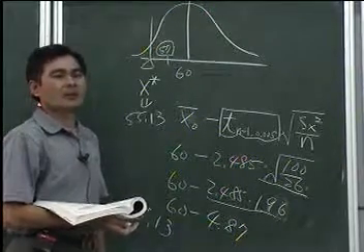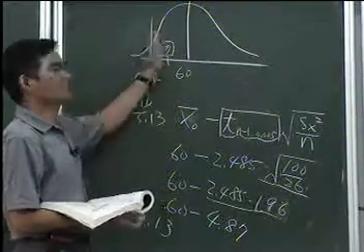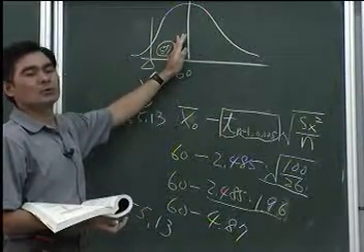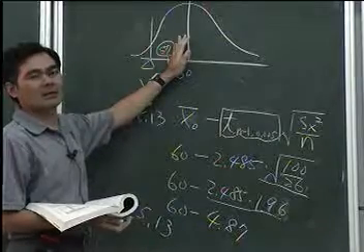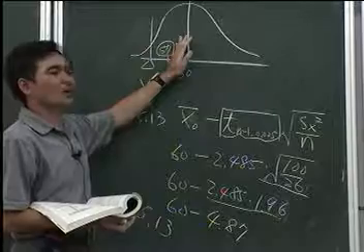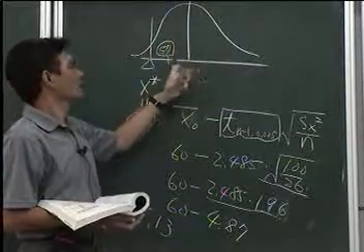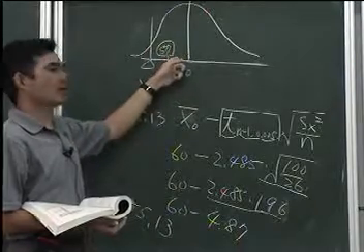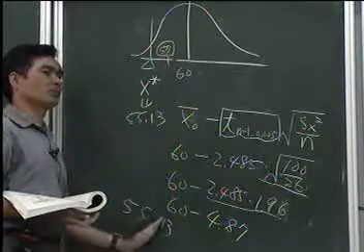You're going to accept H naught because it's above this critical value. So what does that mean? That means the company has not done enough to cut the cost. They should take more actions to cut the cost because their cost is still high. Because if they indeed cut the cost, the value should be below this number.